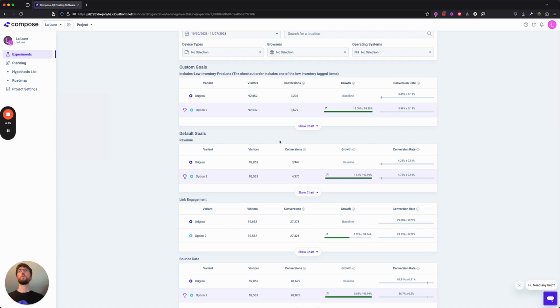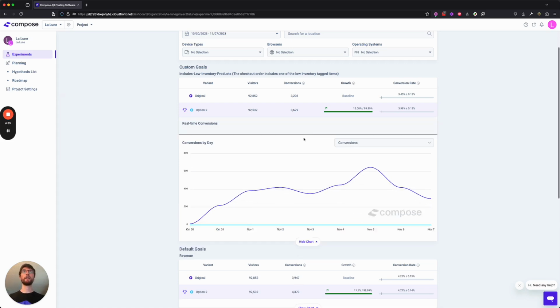We can also get more insights out of some of this data by looking at the charts here. So if I open up this chart, the first chart that shows up shows our conversions. So these are conversions we're getting per day for each of these variants.